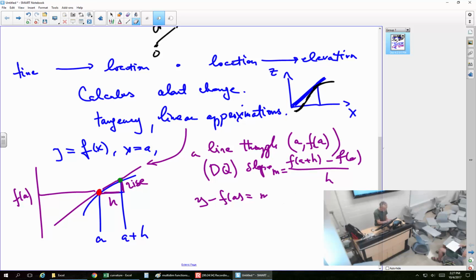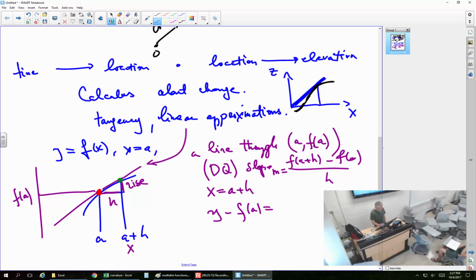Yes, it is actually h, but it is entirely convenient to write it this way, so let me put x here. Then x is equal to a plus h. Then I have my equation: y minus f of a is equal to the slope times x minus a, which is h. That is my approximation of my function when the function is sampled.